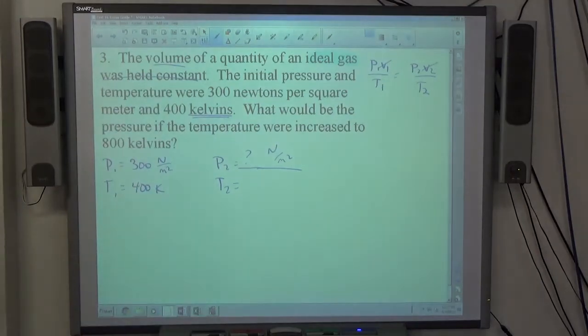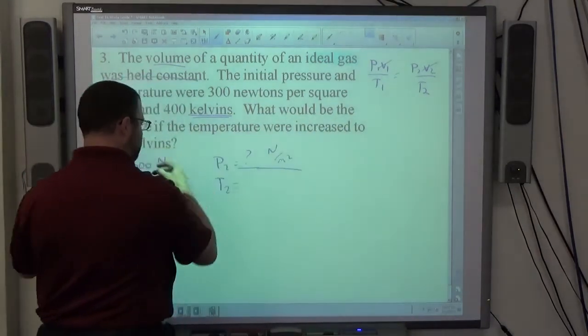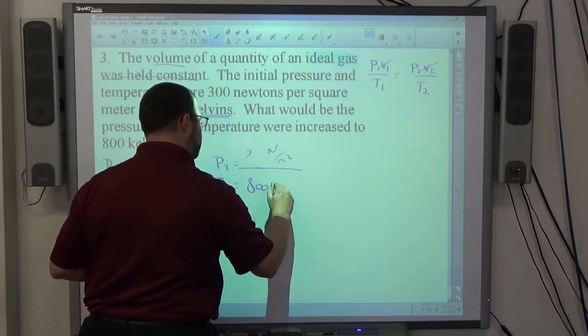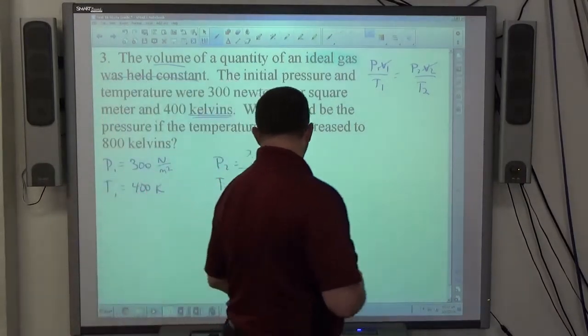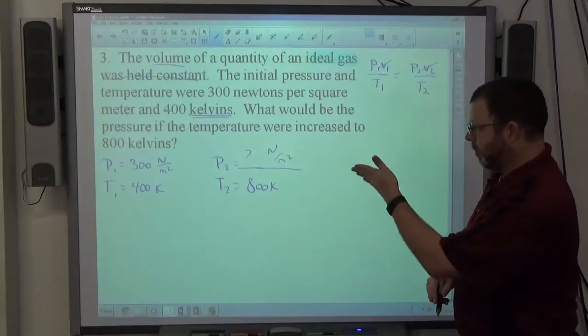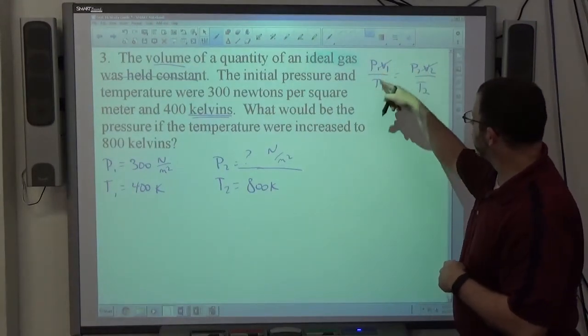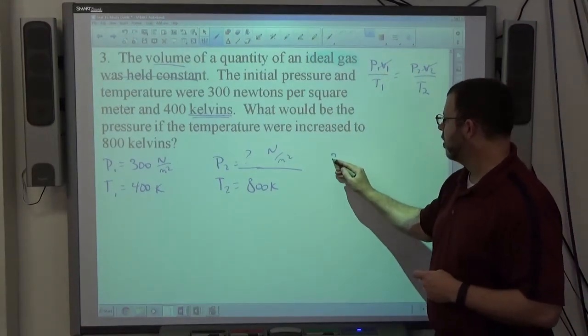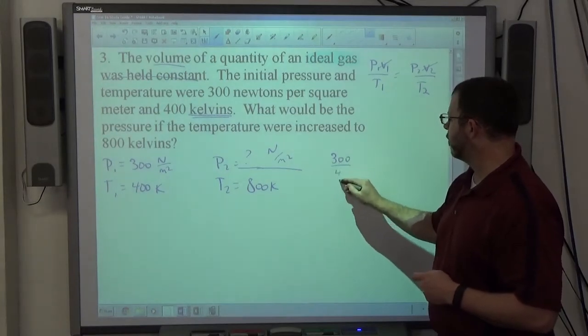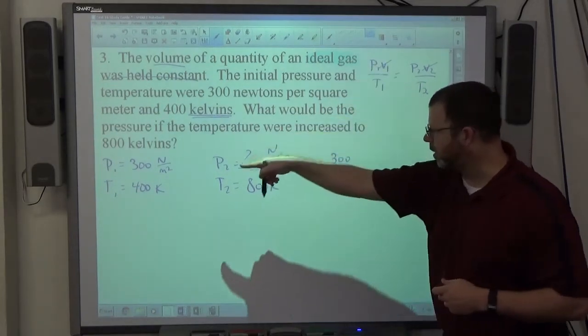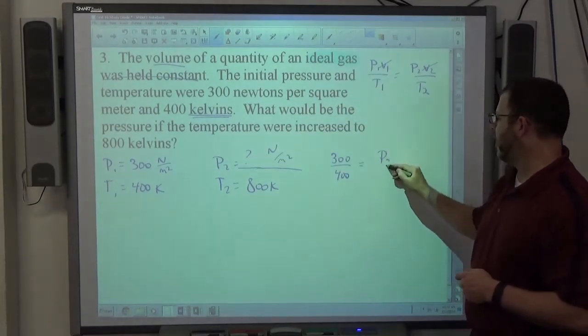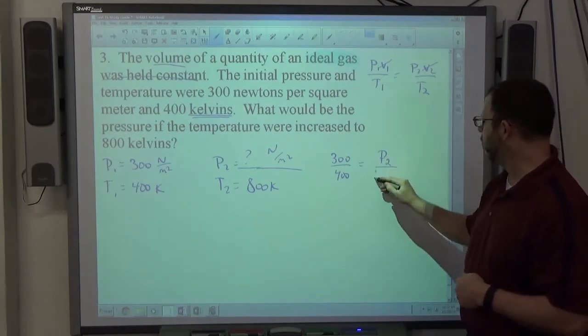Alright, if the temperature were increased to 800 kelvins, so new temperature is 800 kelvins. So at this point we simply need to figure out what P2 is. There's our relationship between the numbers, so 300 over 400, that's P1 and T1, is going to equal final pressure, which we don't know yet, over T2, which is 800.